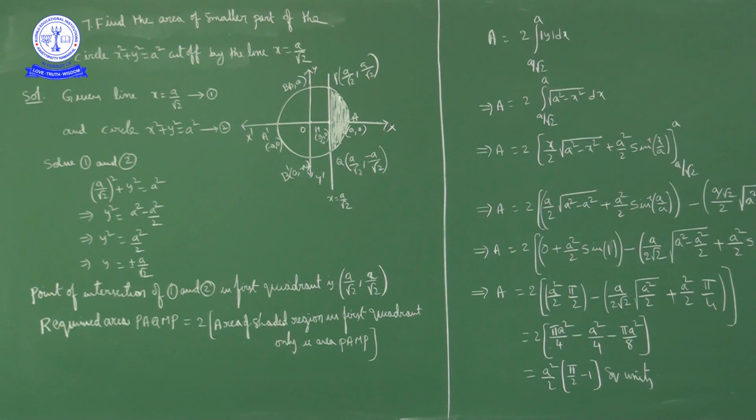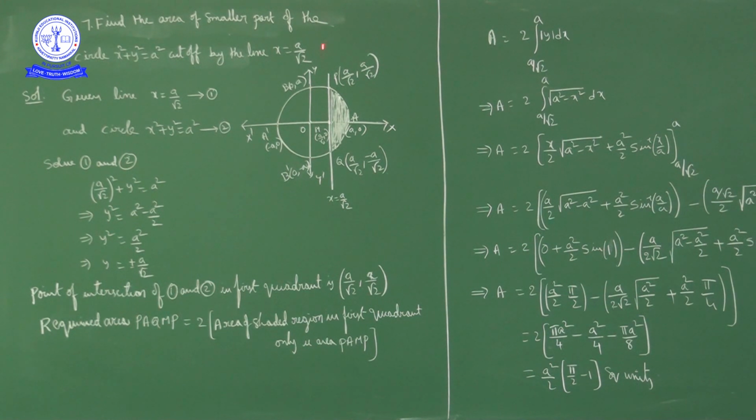P is in the first quadrant, Q is in the fourth quadrant. The point of intersection of circle and line in the first quadrant is a upon root 2 comma a upon root 2.